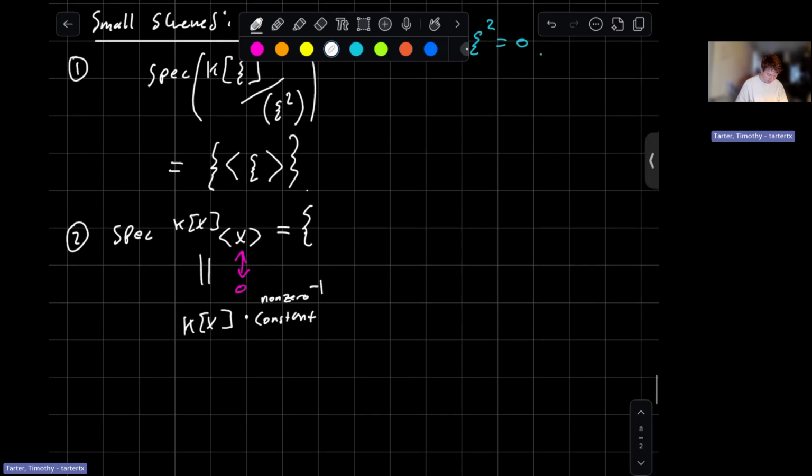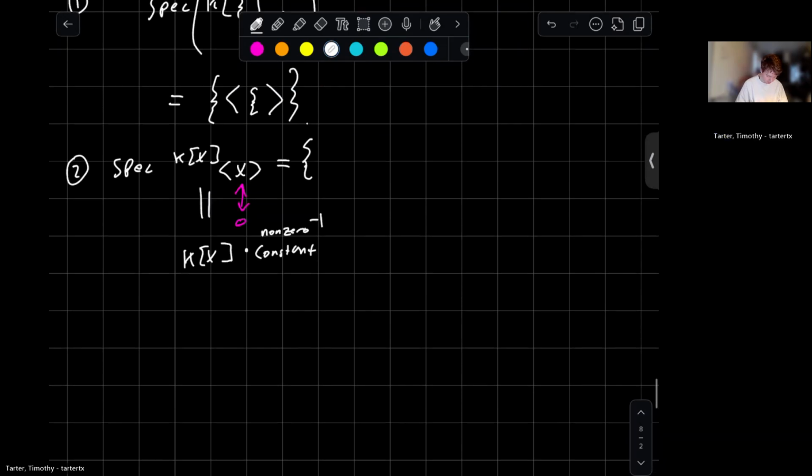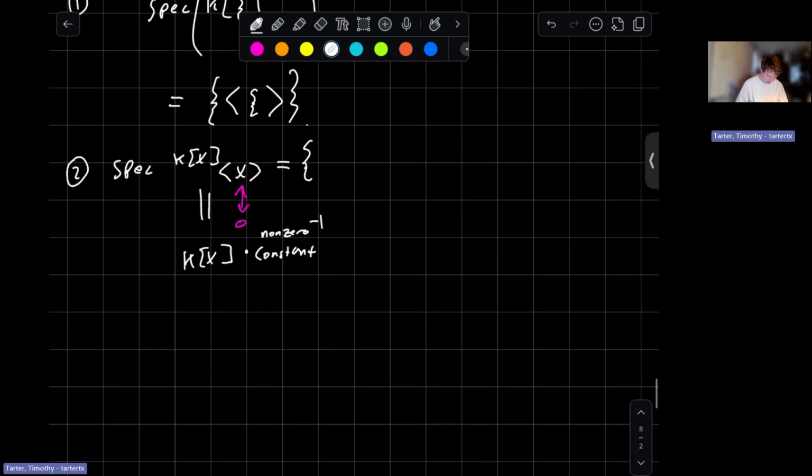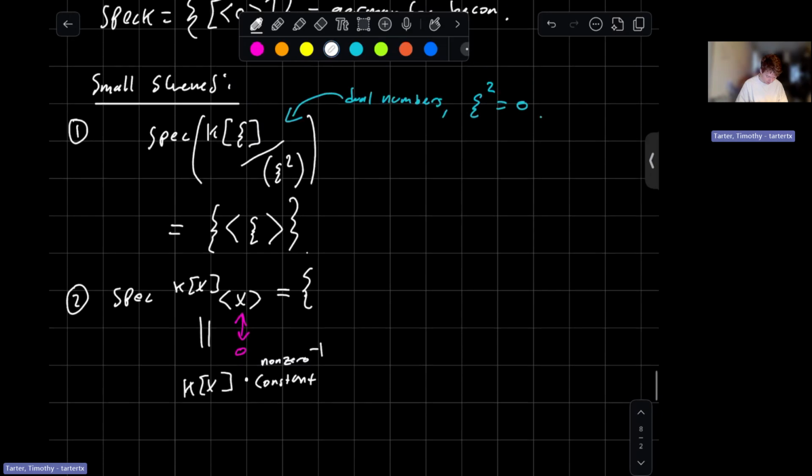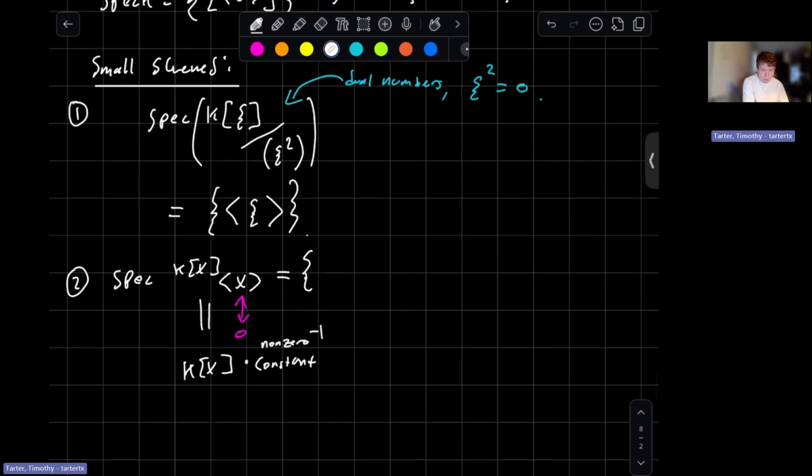So we want the prime ideals of k[x] localized. Such prime ideals contain no polynomial with non-zero constant terms.